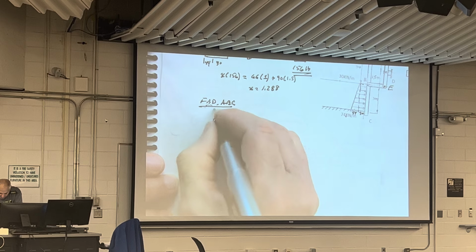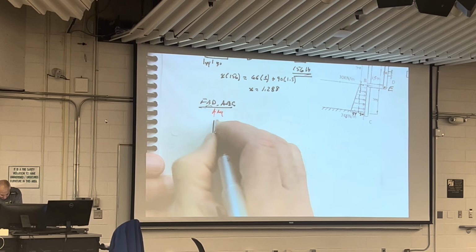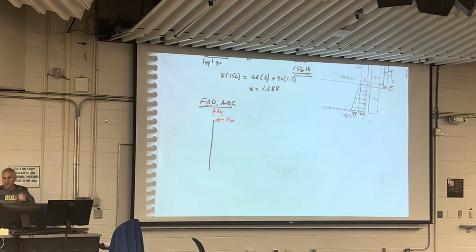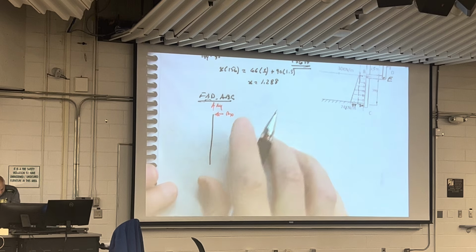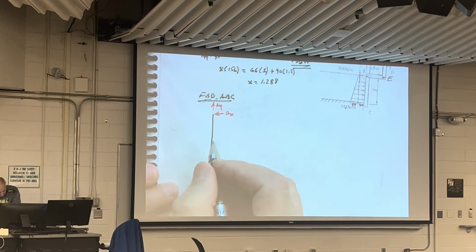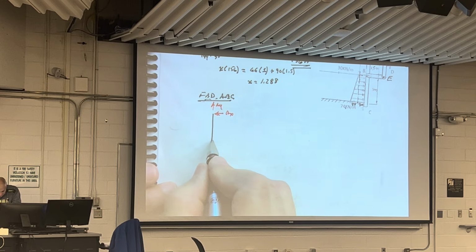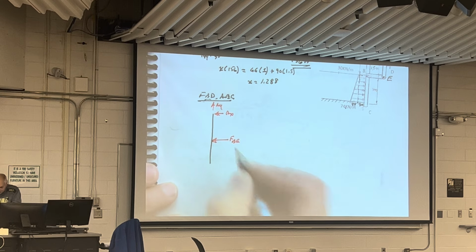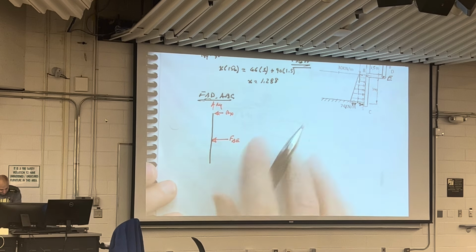I can say there's an AY, AX. Again, these are arbitrary in direction. I have some sort of force FBE, which is the two-force member.